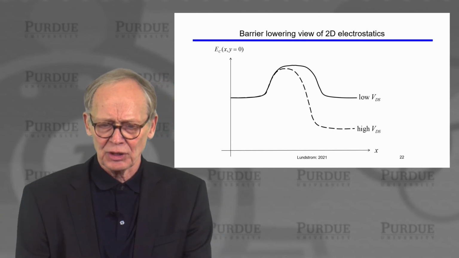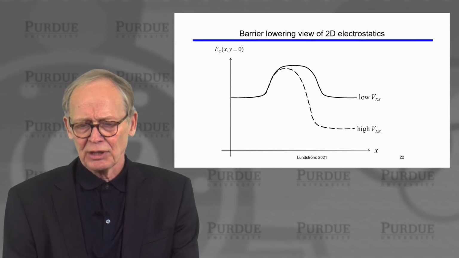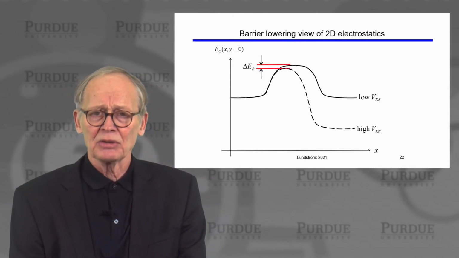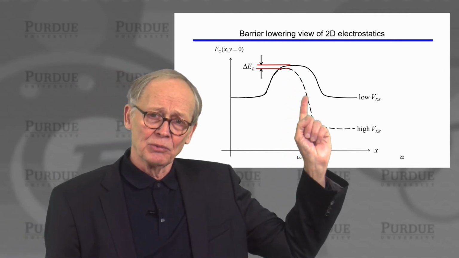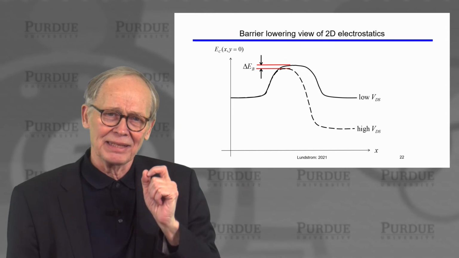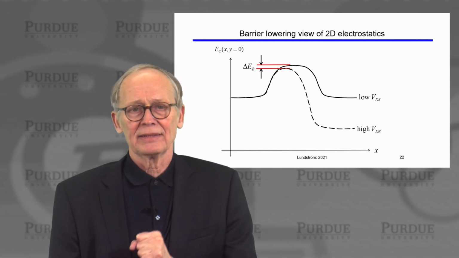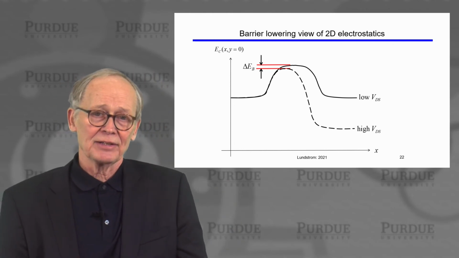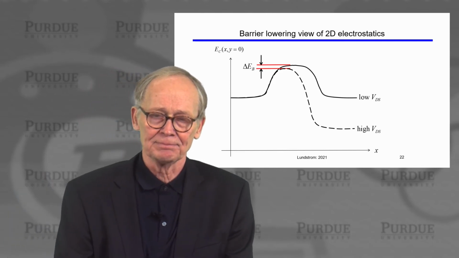And we can sort of understand what's going on in an energy band diagram again. So under high VDS, we pull the energy band diagram down. In a well-designed transistor, the barrier between the source and the channel is mostly controlled by the gate, but not entirely. So the drain will pull it down a little bit and increase the current. That lowers the threshold voltage because now we need a smaller gate voltage to push the barrier down and turn the device on.